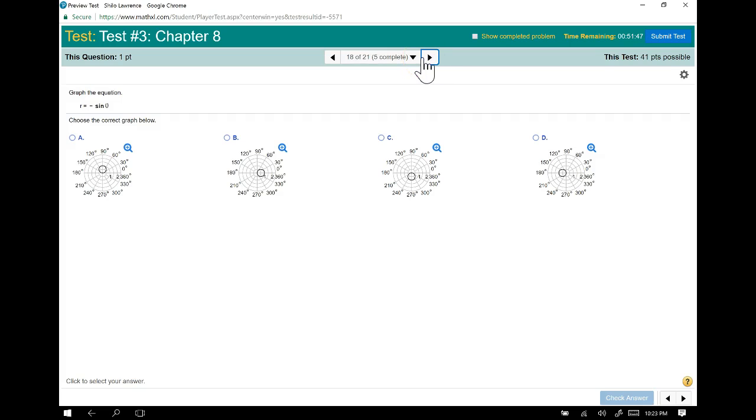So this one was not a convert, but this is just to see what the graph looks like. There is a way for you to put your calculator in polar mode. If you hit the mode button, instead of having your calculator in function mode, if you look across, there is another option that says POL. That is polar mode.